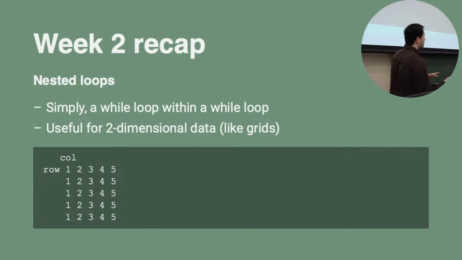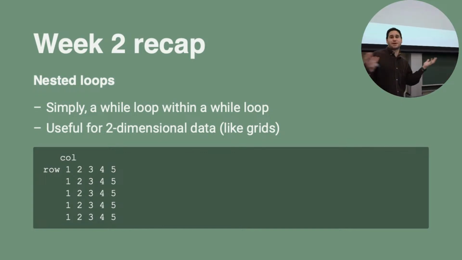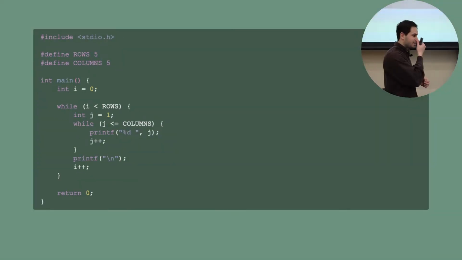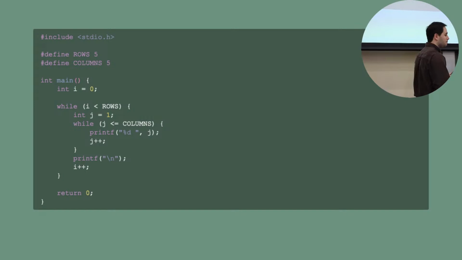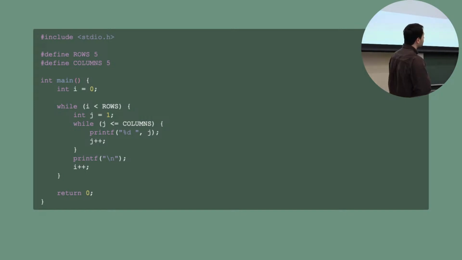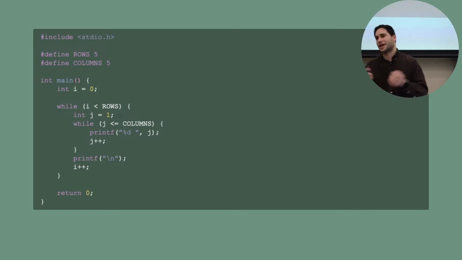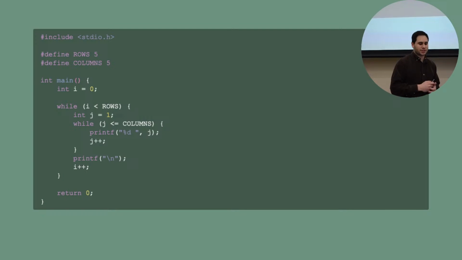So 2D arrays and two-dimensional data sets, I mean it's in the name, right? Here's a full little program that prints a 2x2 grid. Well, I guess 5x5, but 2 dimensions.